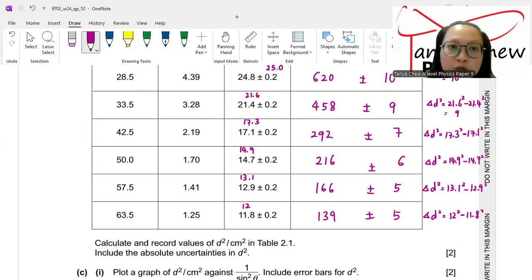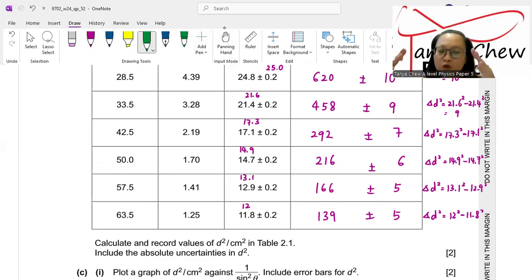My suggestion is that you add up 620 plus 458 plus 292 plus 216 plus 166 plus 139, divided by 6.